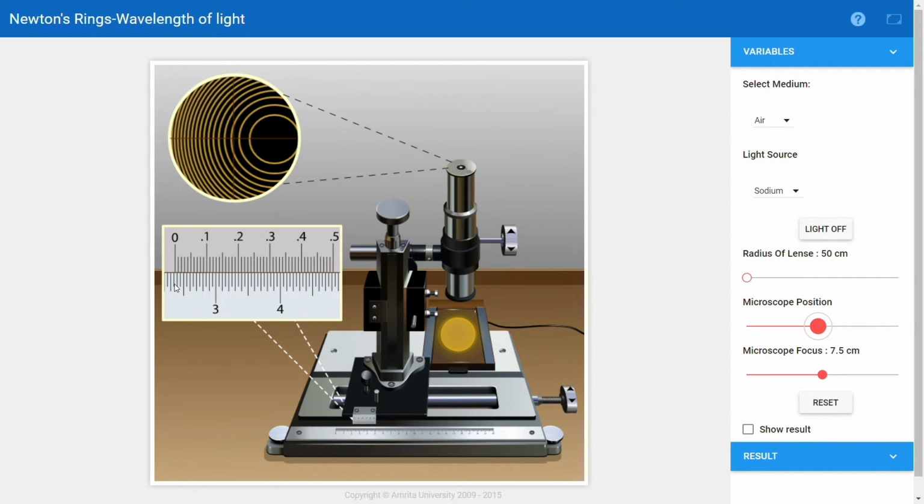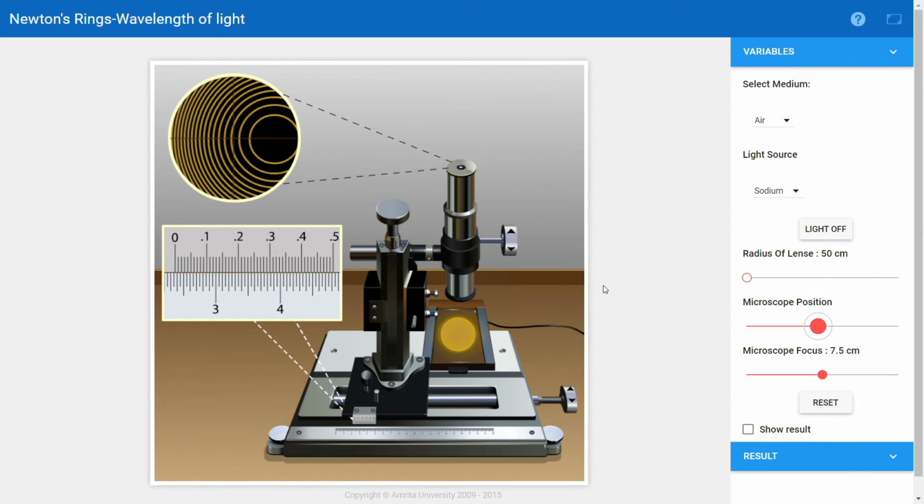We should add 0.02, as its least count is 0.01, so 2.35 plus 0.02 gives 2.37.